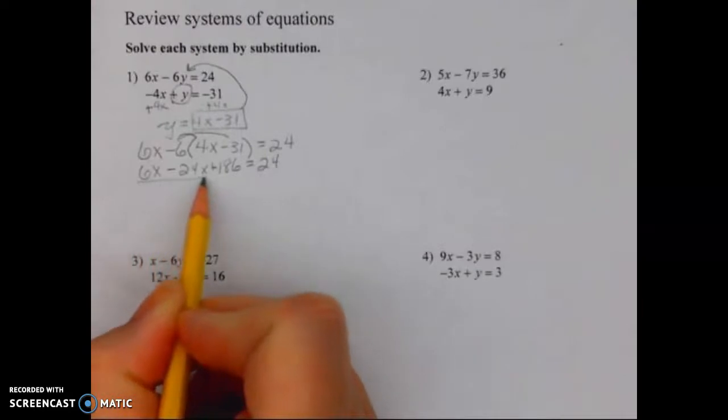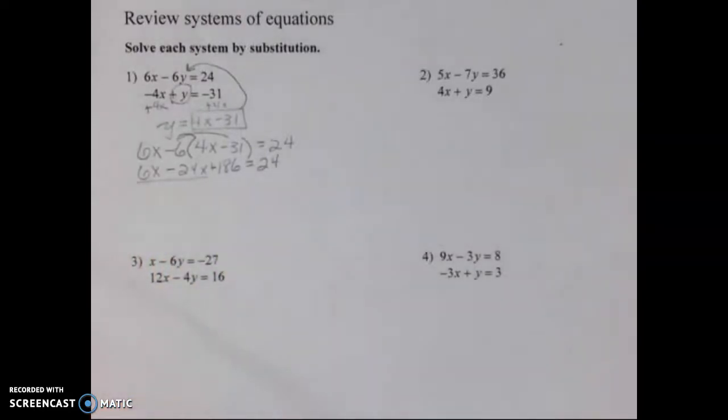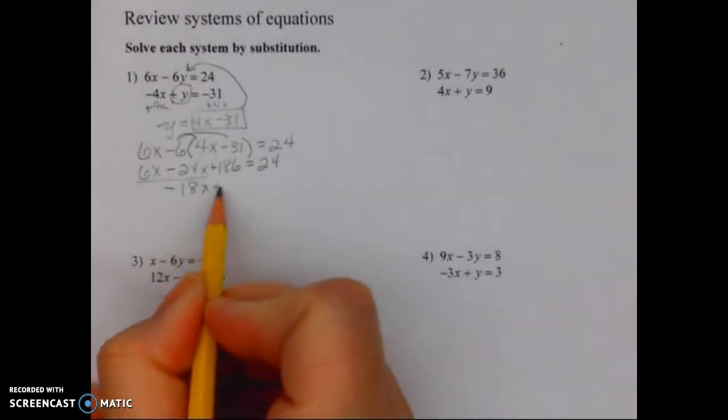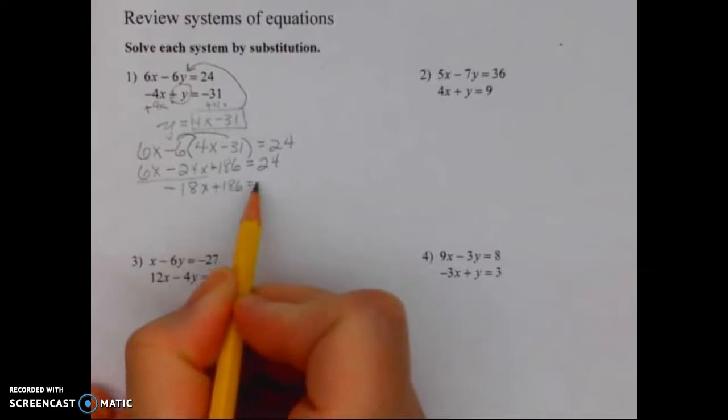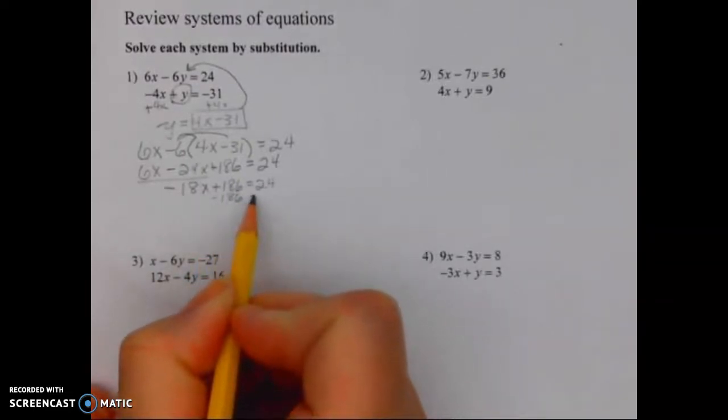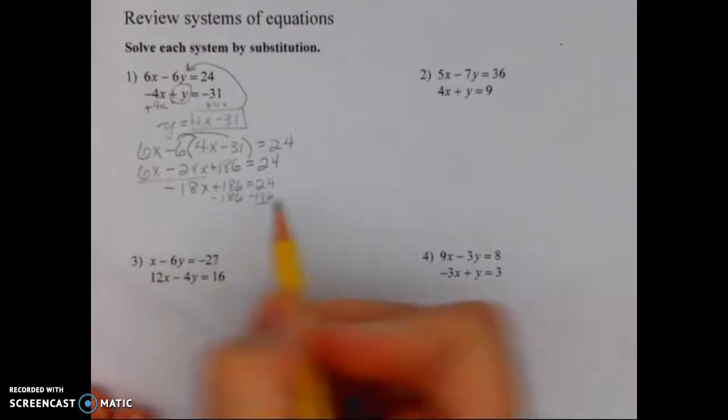Put your like terms together. 6 minus 24 is negative 18. We're just using our algebra skills to solve for x.